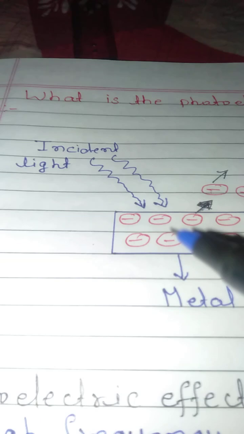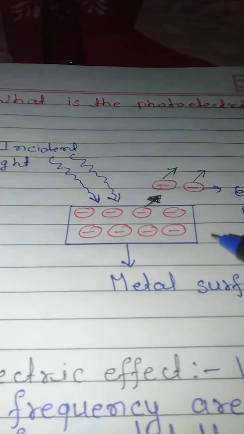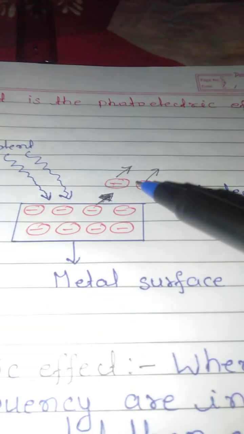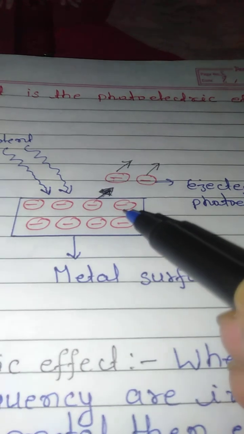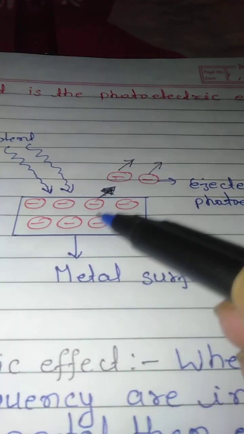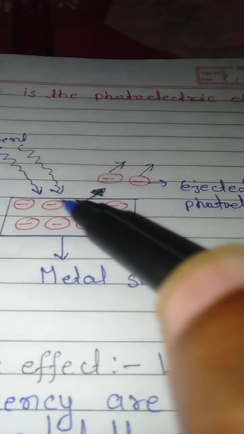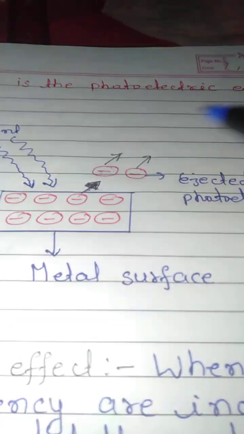When incident light falls on the surface of the metal, then electrons, these are electrons, start to be emitted from the surface of the metal.